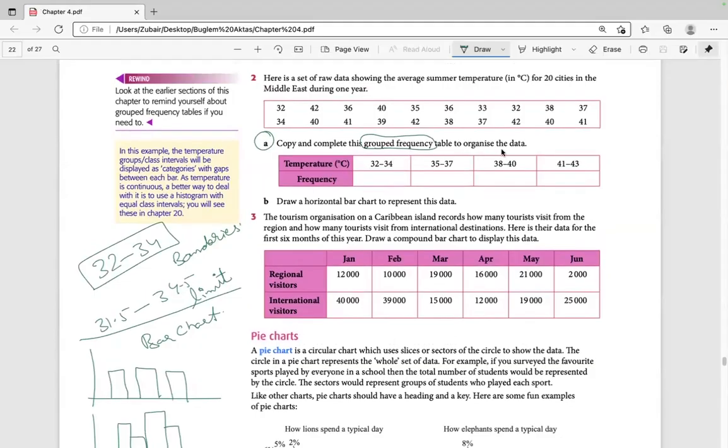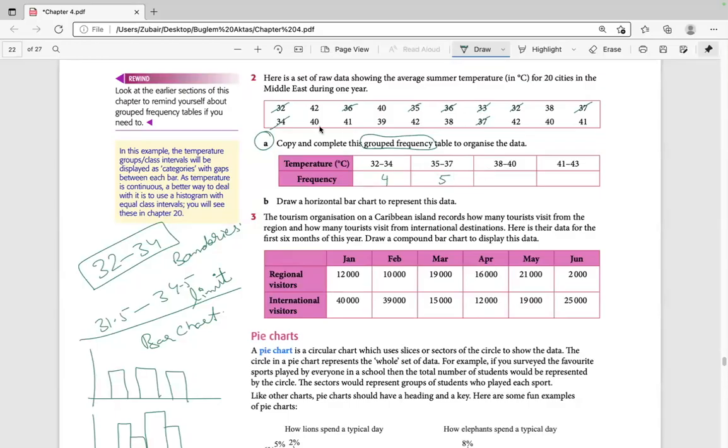Okay, copy and complete the grouped frequency table to organize the data. Now I'll have to look closely so I don't mess it up. 32, 33, 34. I'm counting these: 1, 2, 3, 4. 4 in the first one, and then 35, 36, and 37: 1, 2, 3, 4, 5.